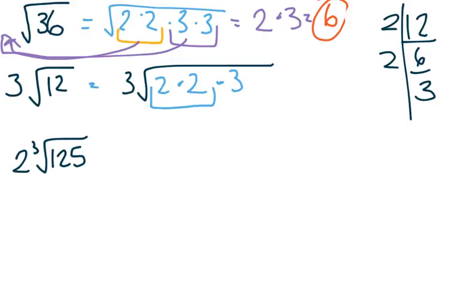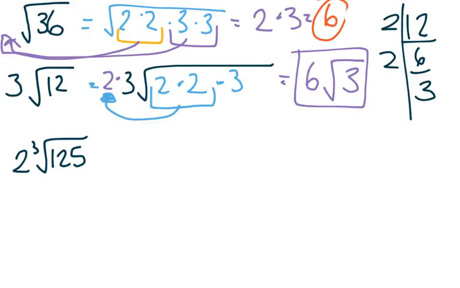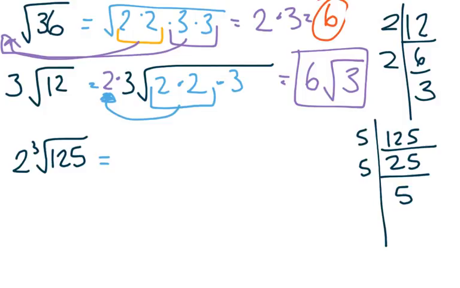We've got 2 squared, and if you pull 2 squared out, you'll multiply it by the coefficient that's already out there, and this gives us 2 times 3, which is 6 as the coefficient, and we have a 3 remaining as the radicand.